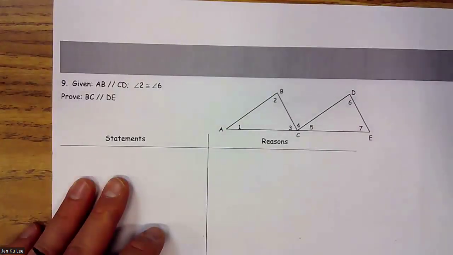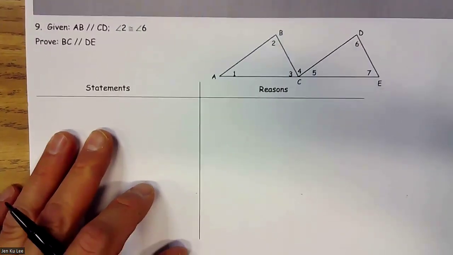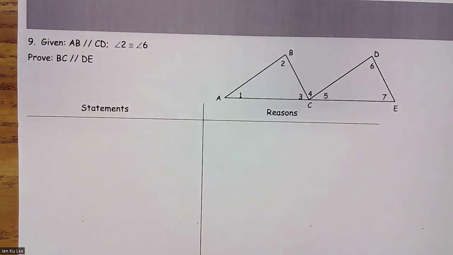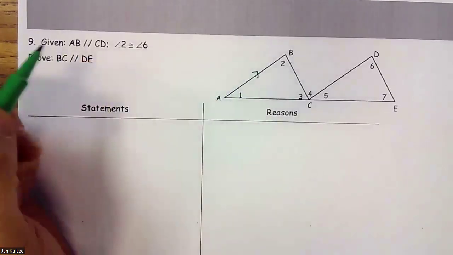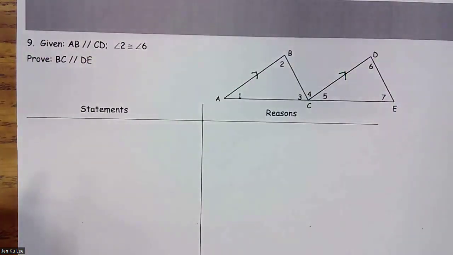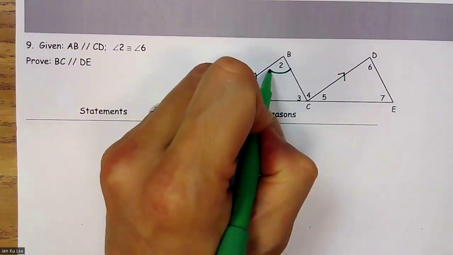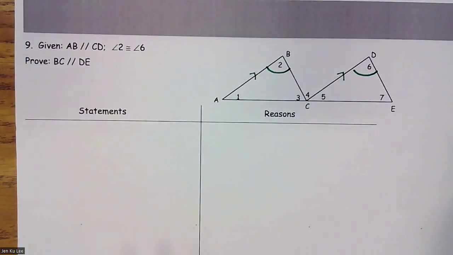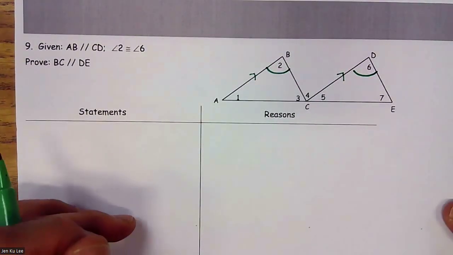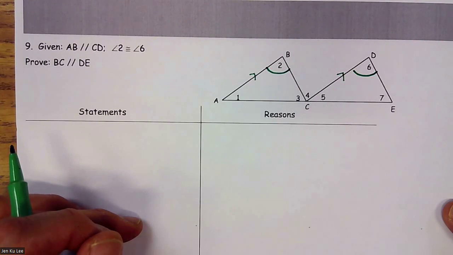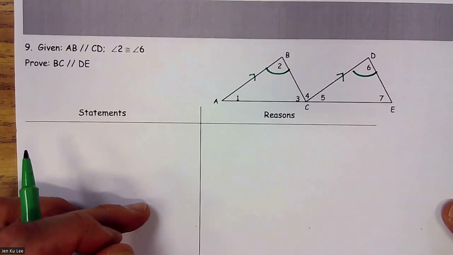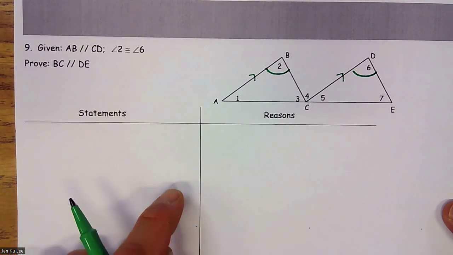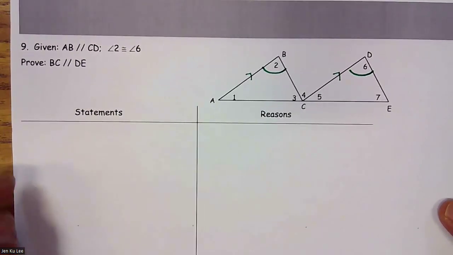And we're given the fact that AB is parallel to CD, and angle 2 up here is equal to angle 6. We must prove that BC is parallel to DE.